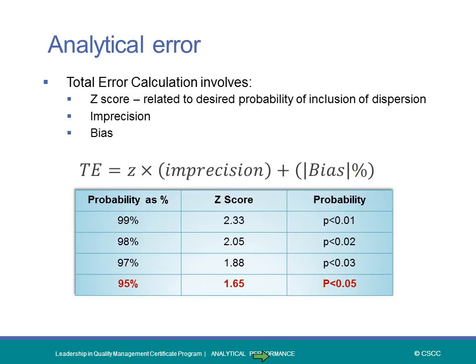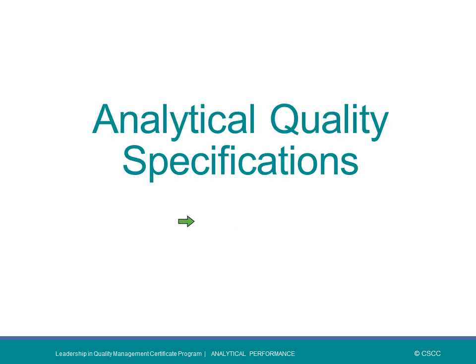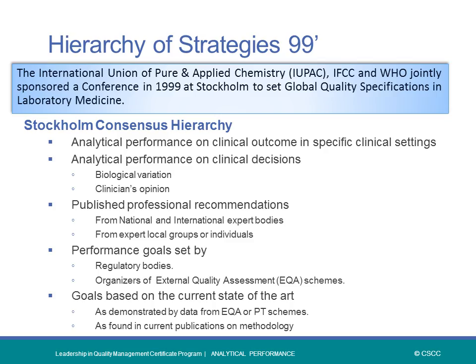Total allowable error is basically the standard by which we determine if our total error is acceptable for use or not. And most of us are familiar with this hierarchy of strategies for identifying that performance standard.